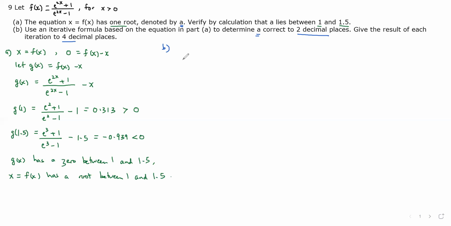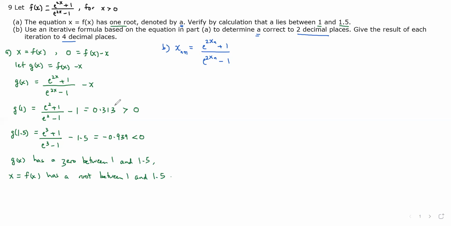From part A, we know that x is f(x), so this is (e^(2x) plus 1) over (e^(2x) minus 1). So we can write this as x sub n plus 1 in terms of x sub n, and we can use that for our iteration.